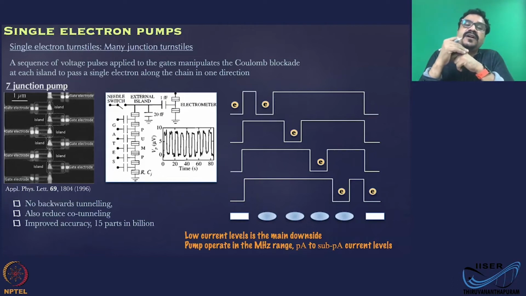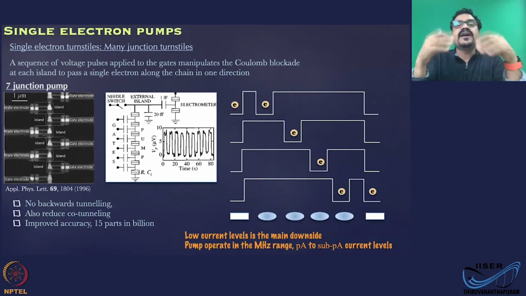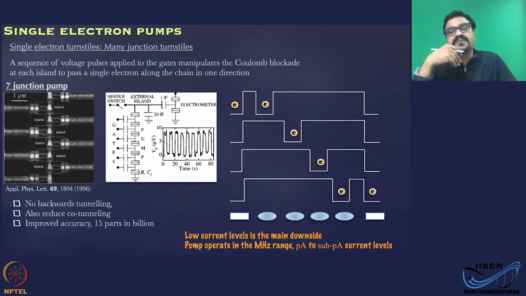That means you cannot define a current standard with high current output, like nanoamperes, microamperes, or milliamperes, with these tunnel junctions, because these devices can operate only in the megahertz range. If you add more junctions, the frequency will go down further. You will improve the accuracy, but at the expense of the current. When you want more current, you need fewer junctions, but then your accuracy will be compromised. That is the issue here.